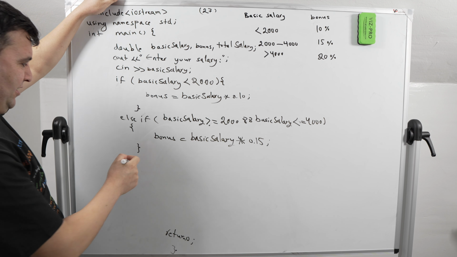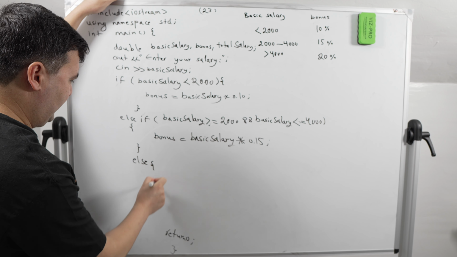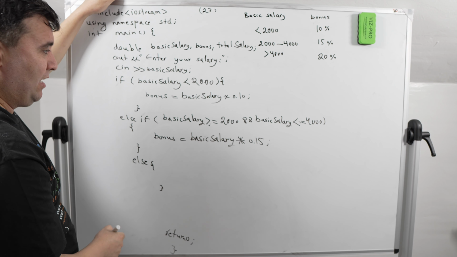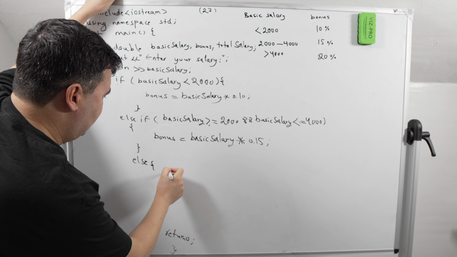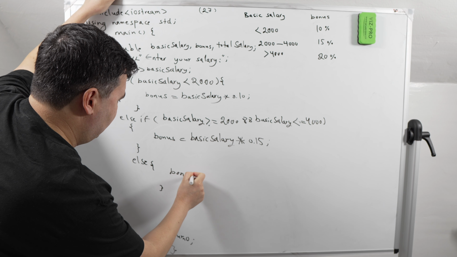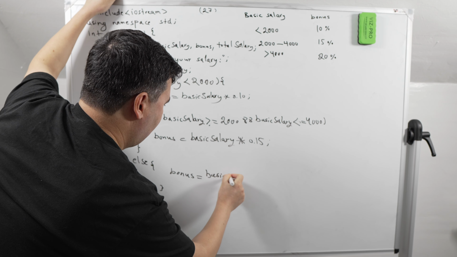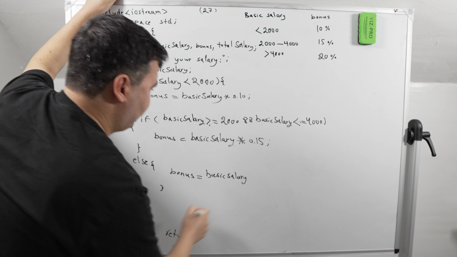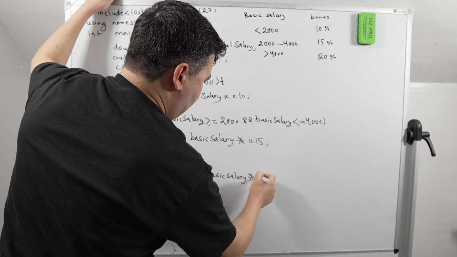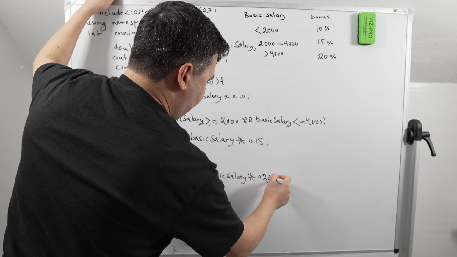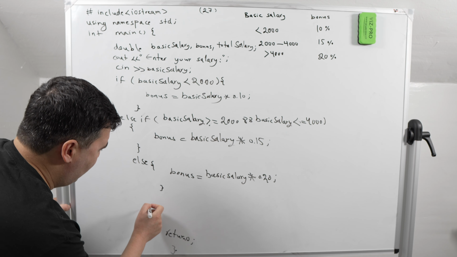And then else, so if it's larger than 4000, in the else section, bonus is equal to basic salary multiplied by 20%, 0.20, and semicolon.